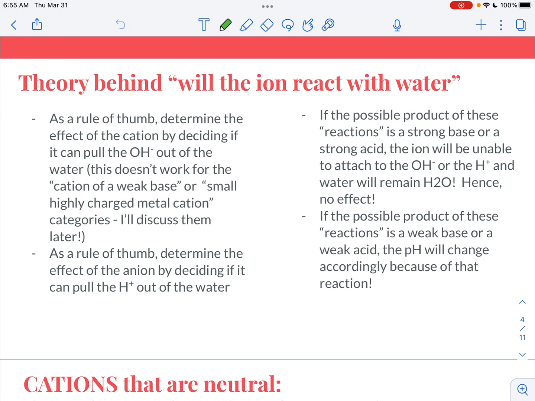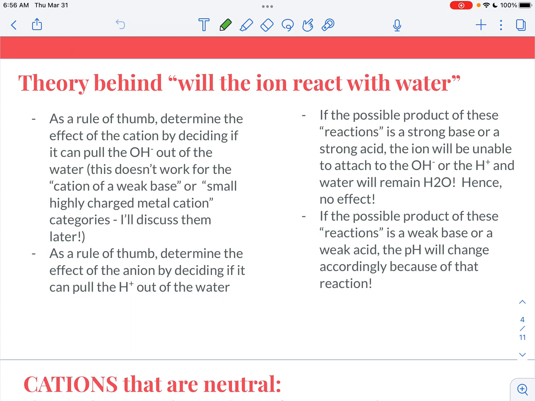And so there's several things like the cation of a weak base or the small highly charged metal cations. This doesn't really work for all, but you're trying to decide basically if it's going to pull out that OH and leave behind H pluses. As another rule of thumb, you're going to be looking for whether the anion can actually pull the H plus out of the water. So these are the things that you're kind of on the lookout for theory-wise.